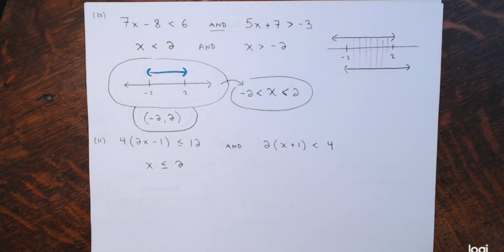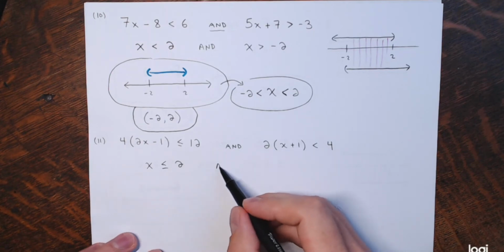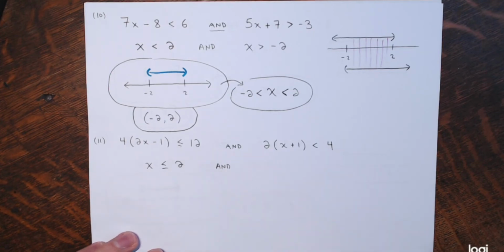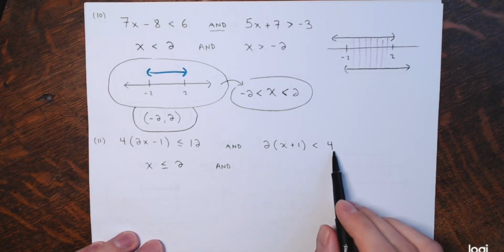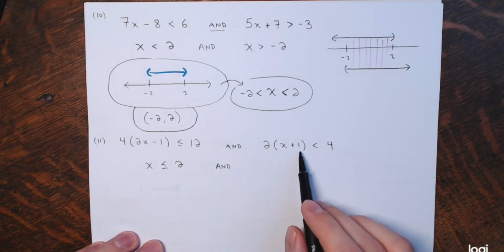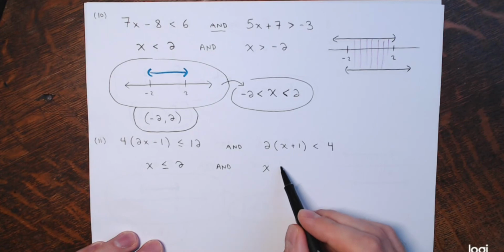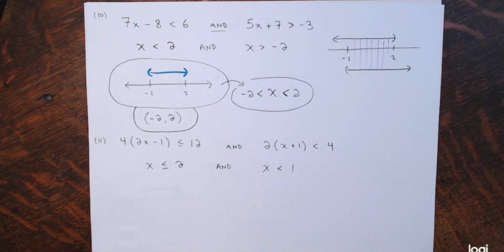All right. And again, I never multiplied or divided by a negative number, so the inequality symbol wouldn't have flipped. Here, I would divide by 2 to make that 2, and subtract 1 to make it 1. X is less than 1. All right. Again, I never multiplied or divided by a negative, so the inequality symbol wouldn't have flipped.